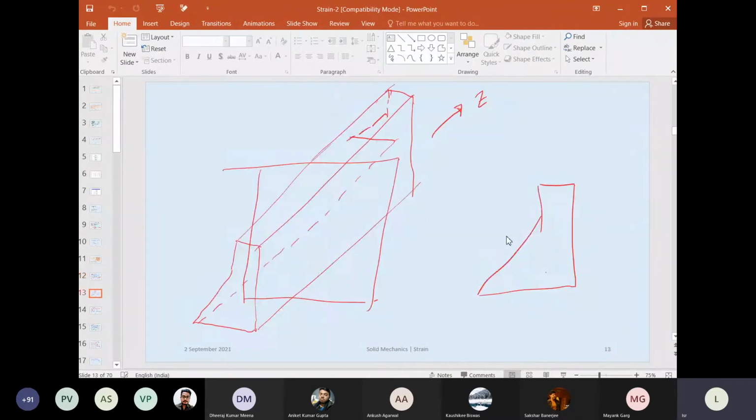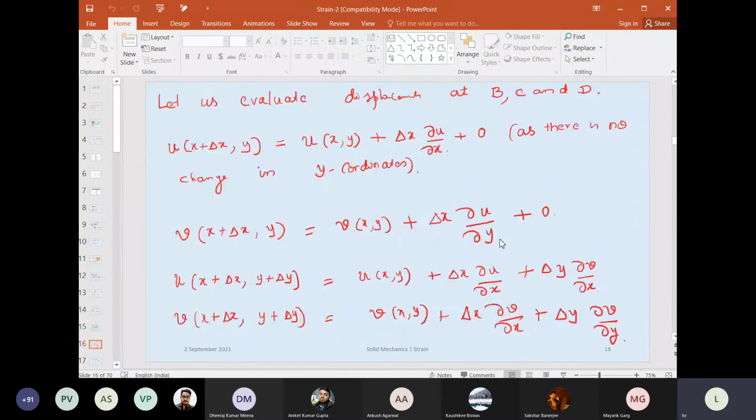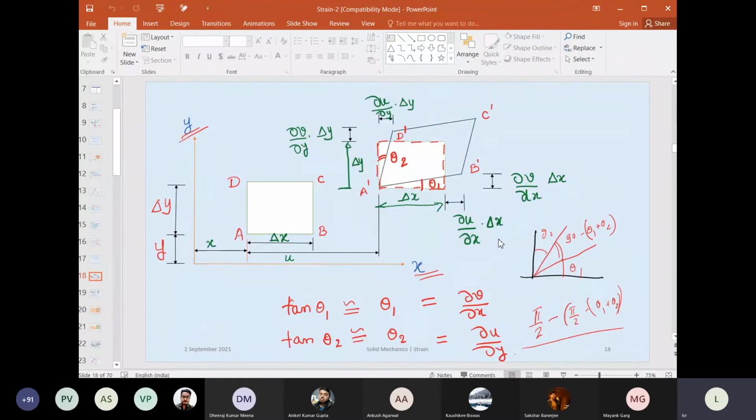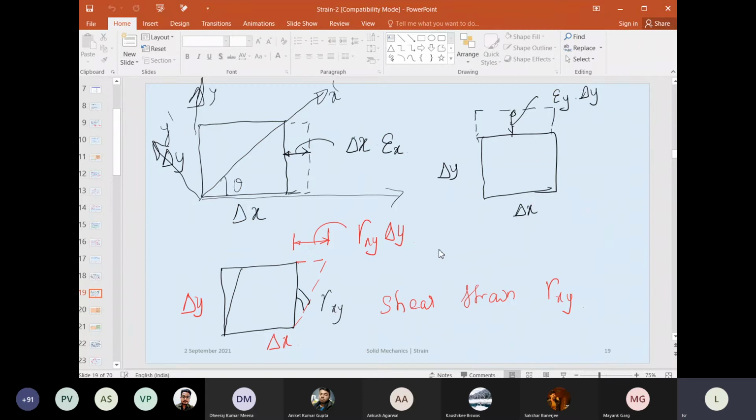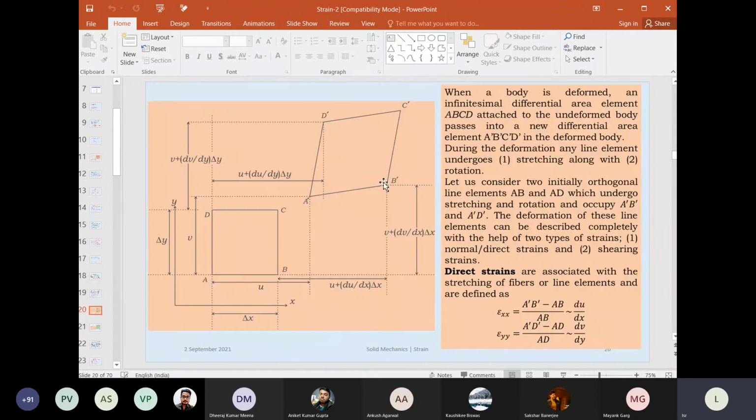So we can do all these things. We will skip. What do you get? We will see what the deformations are here.